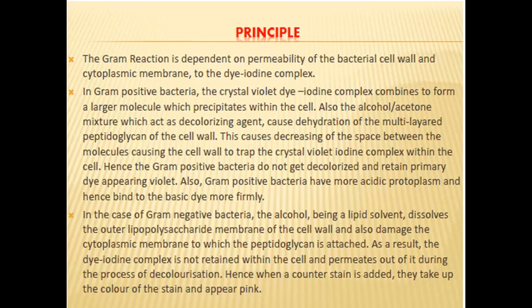Then in the second step, you have to add the safranin. In the gram positive bacteria, the safranin molecule is unable to penetrate inside the cell wall. Why? Because there is no opening; due to the shrinking, all the spaces and pores are completely closed, compact in structure, and that's why the safranin molecule remains as it is on the surface of the bacterial cell wall.